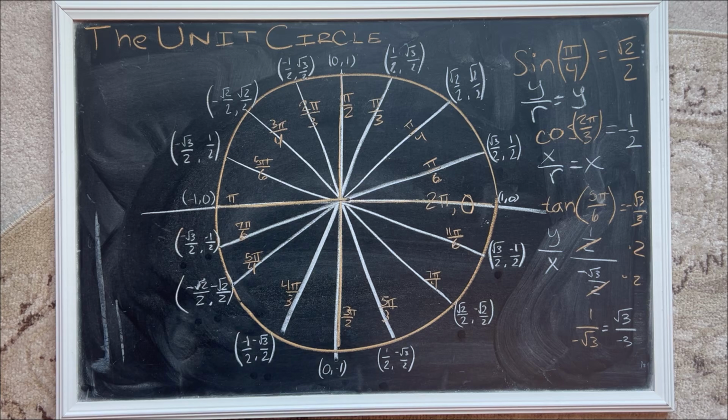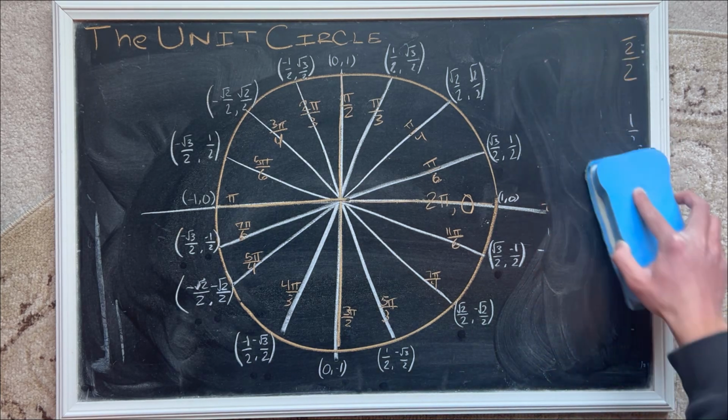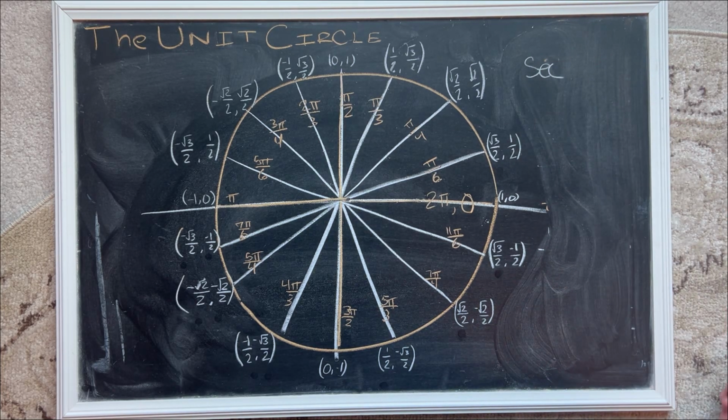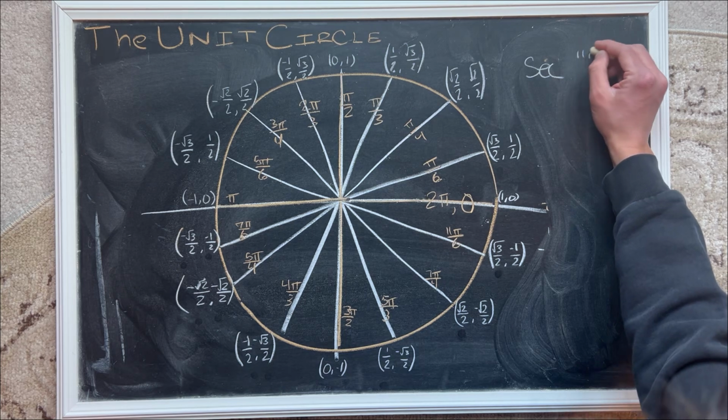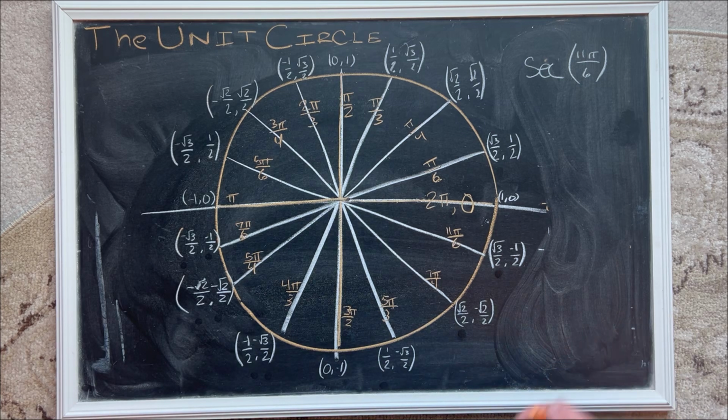All right, now let's see what would happen if we use one of the other 3 trig functions. So let's try secant of 11 pi over 6. What would we do there? For this, we're going to have to find cosine first, and then we're going to take the reciprocal, because secant is the reciprocal of cosine.